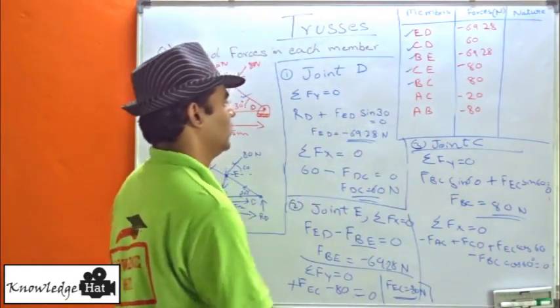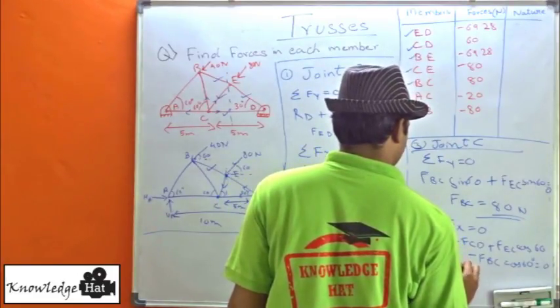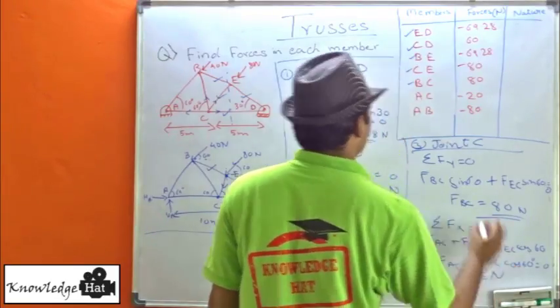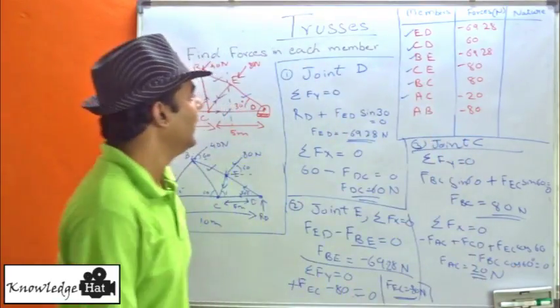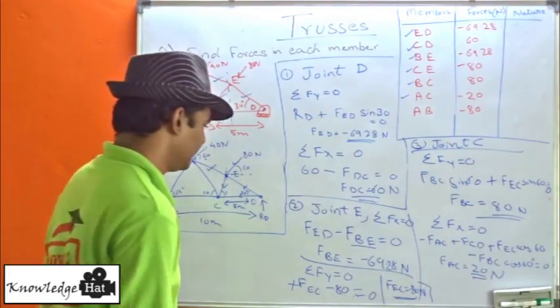So once we put all these values, we get the value of force F of AC is equal to minus 20 newtons. We have done all these 6 members.